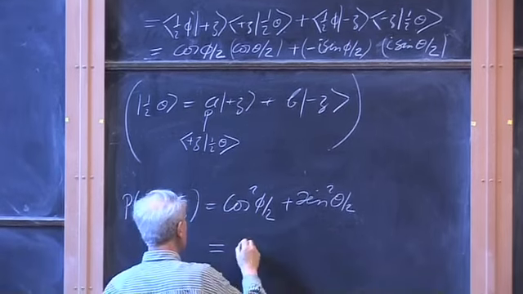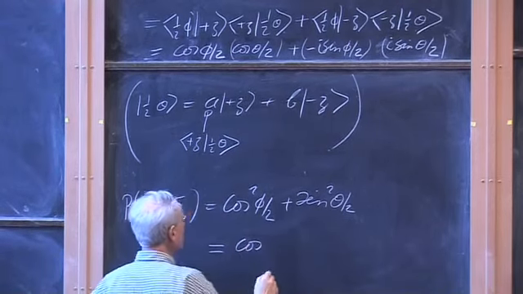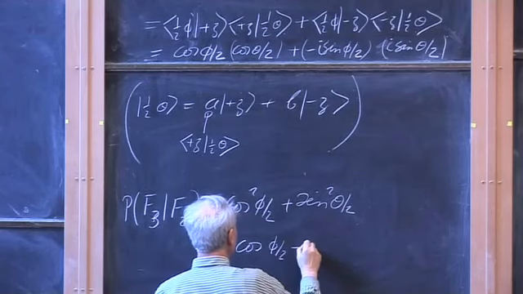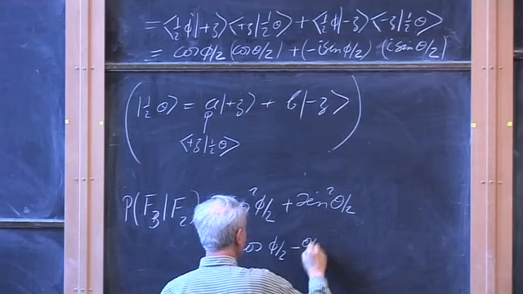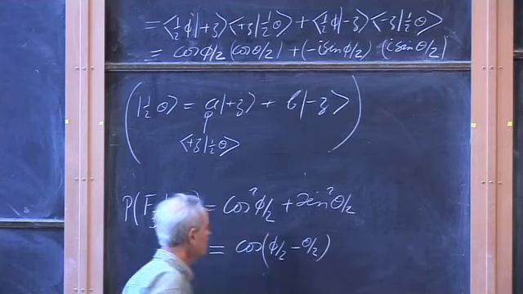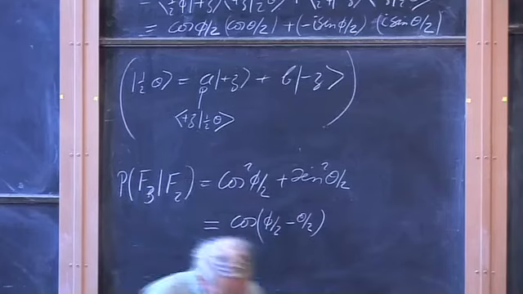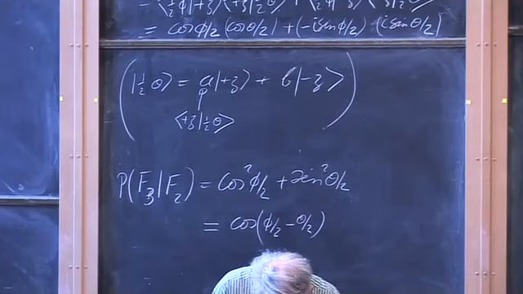Which is also known as cos phi over 2 minus theta over 2, I think, by trig formulae.